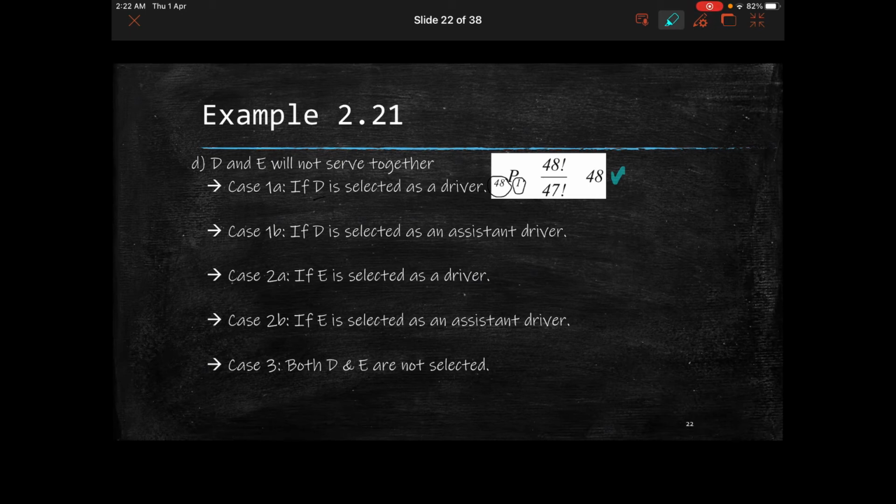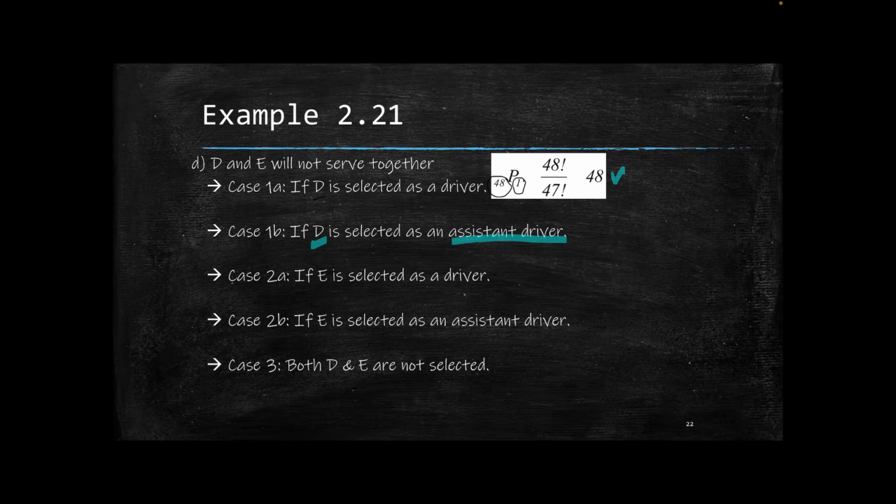Okay, and then untuk 1B, if D is assistant driver, sama juga. Kalau D assistant driver, kita kena tolak juga dengan E. So N would be equals to 48, then R equals to 1 sebab kita kena cari driver, sebab kita dah ada assistant driver.